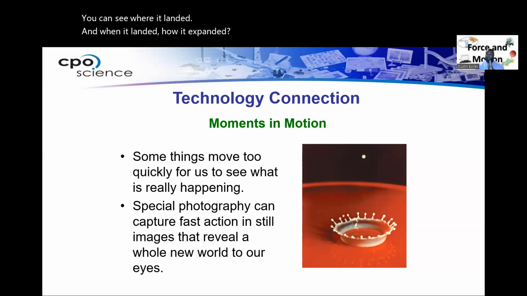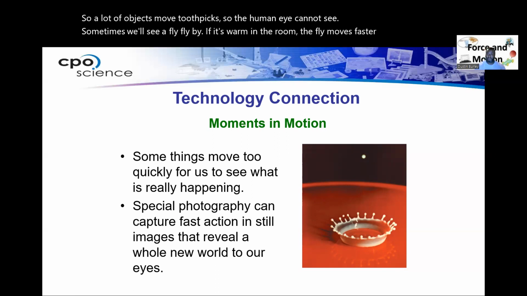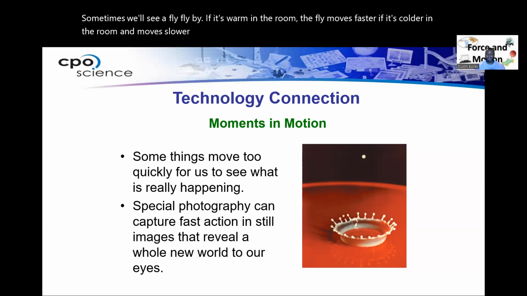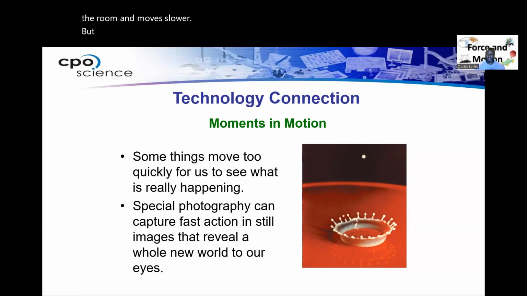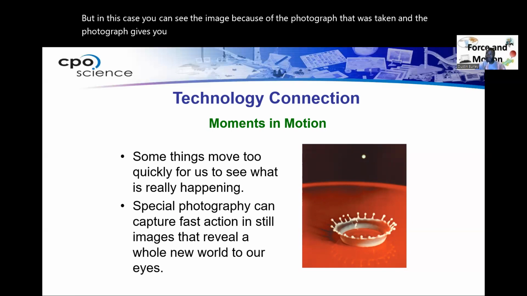A lot of objects move too quick, so the human eye cannot see. Sometimes we'll see a fly fly by. If it's warm in the room, the fly moves faster. If it's colder in the room, it moves slower. But in this case, you can see the image because of the photograph that was taken, and the photograph gives you a still image of what was taken right then and there.